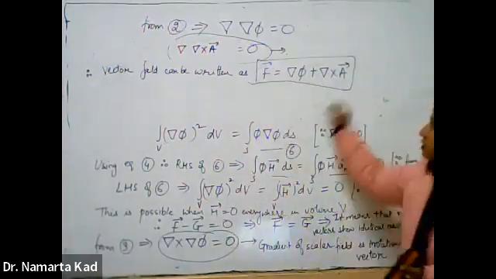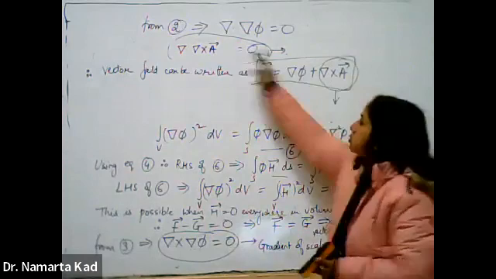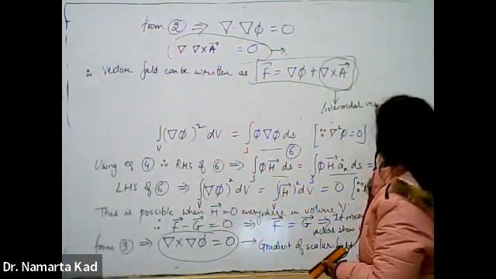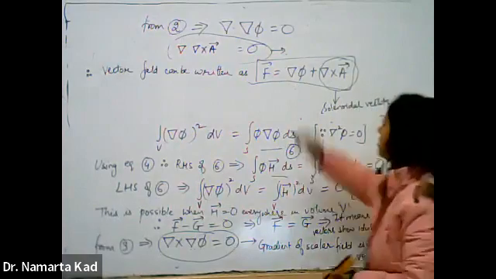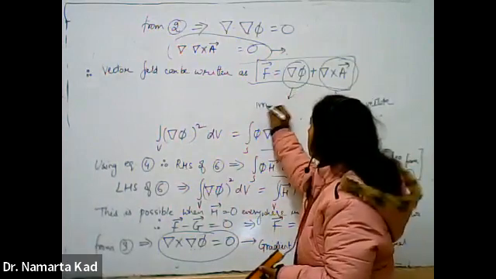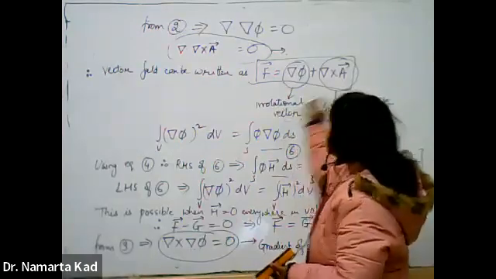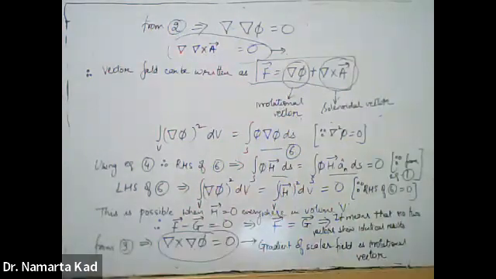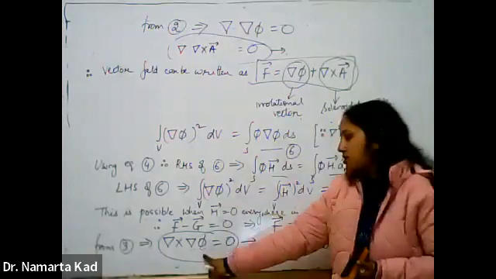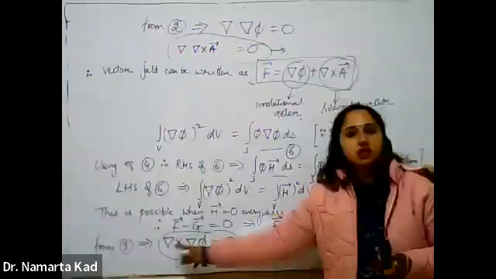Okay, and in this representation, this is your solenoidal vector, and this one is the irrotational vector. Del phi is an irrotational vector whose curl is 0.